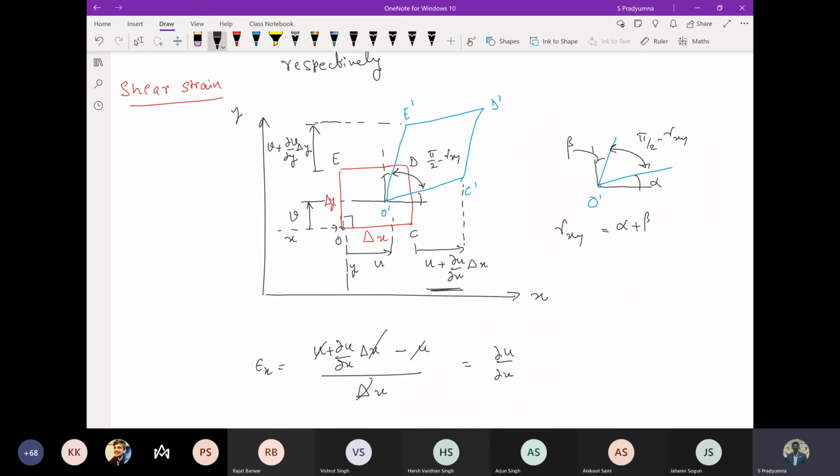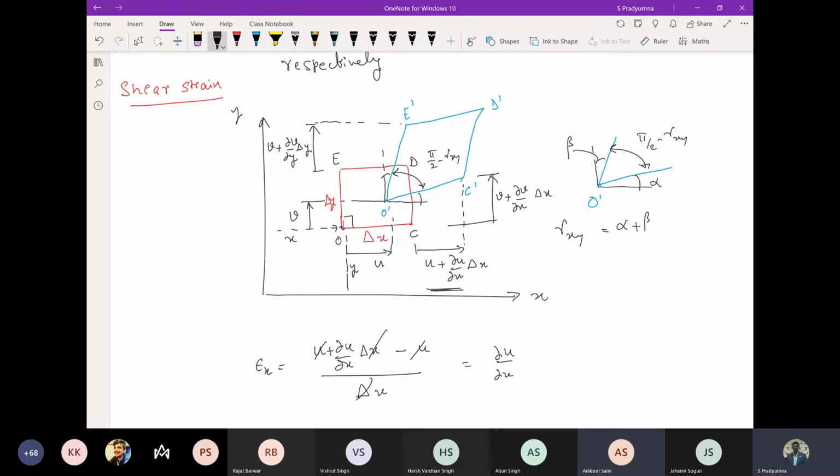So now I need to calculate the angle alpha and the angle beta. For that, O has moved to O dash with a displacement of v. So what is the y direction displacement of C to C dash? C has moved to C dash in the y direction also, and there is an extension along the x direction also. What is this distance? It is equal to v plus dou v by dou x into delta x.